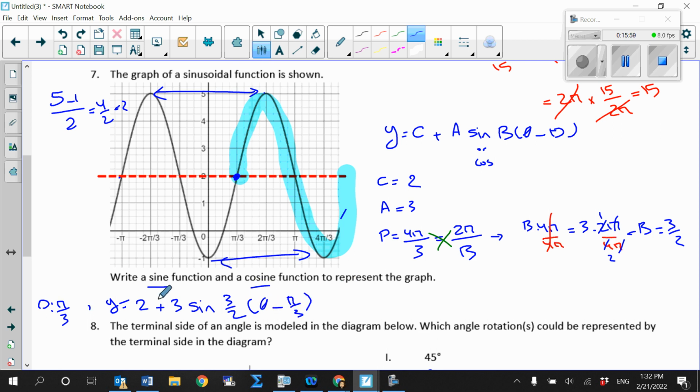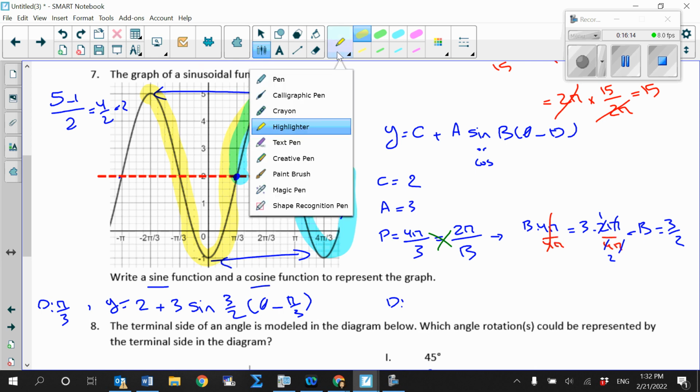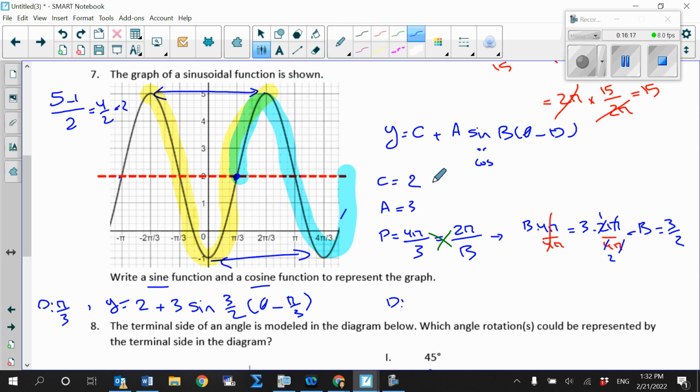So that's for sine. If I want to write a cosine function, then I need to look for a high point. A high point could be this one, for example. So the function is going to be like this. This is a cosine function. Okay. Now, the start point is here at negative 2 pi over 3. d is negative 2 pi over 3.